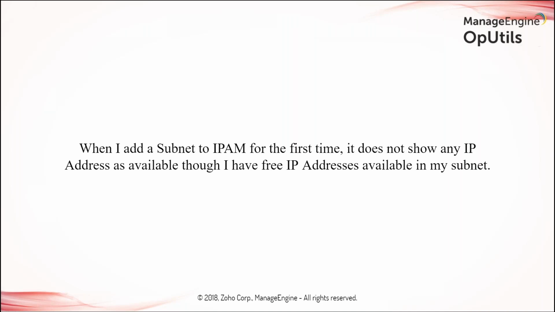This behavior happens because not all the IP addresses will be free. Some may be down due to network issues or other circumstances. So based on the number of scans and the outputs of the scans, if the IP is really available, then it will be placed under the available state.